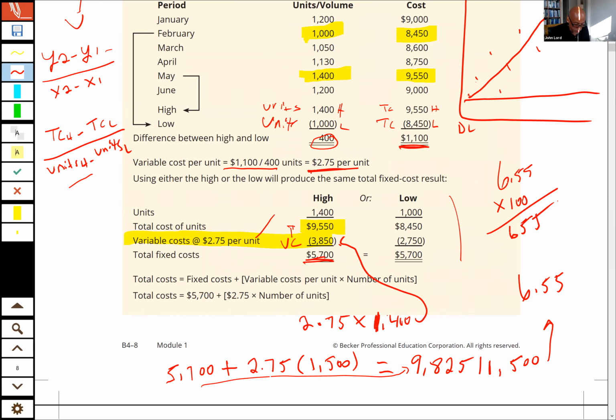What would you do with that number? That's the cost. Someday I'm going to get a license plate that says accountants do it with numbers. I have a number, what do I have to do with it? To put it in work in process? Good, I will debit work in process.